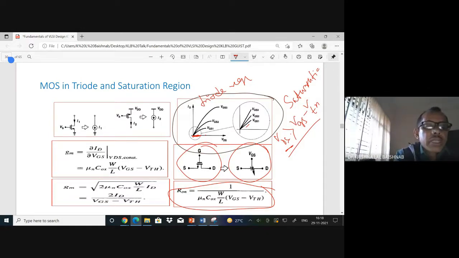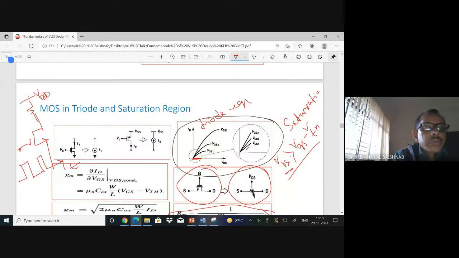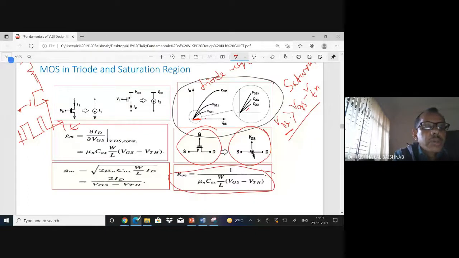When switching operation is happening. There's a MOS, I'm giving a pulse. Every pulse I give, it goes up to, say, VDD. Somewhere some voltage, some VDD will be there. In the VIN graph, whenever I give a pulse, what will happen?